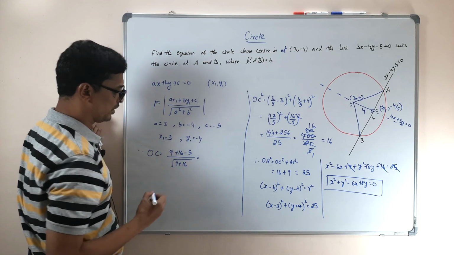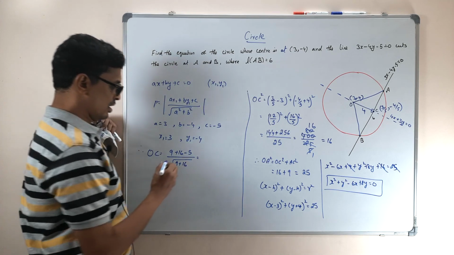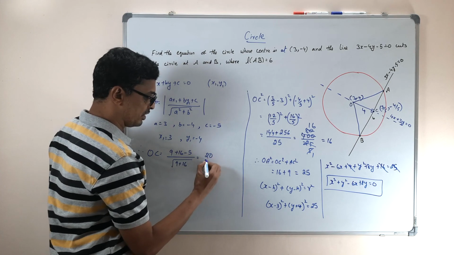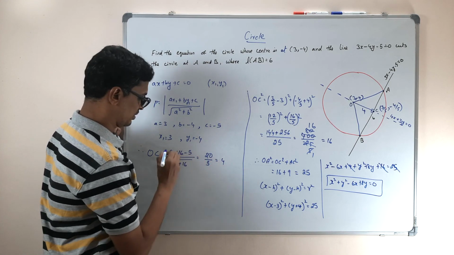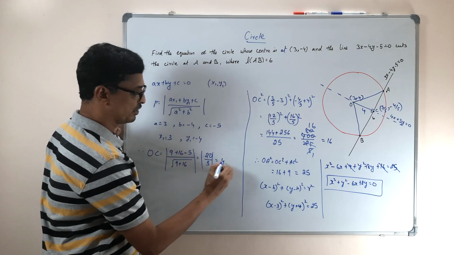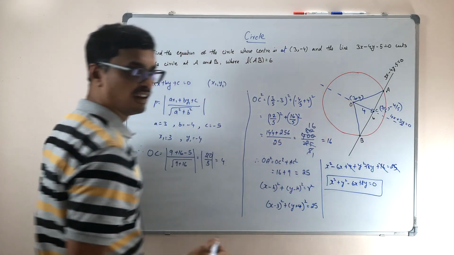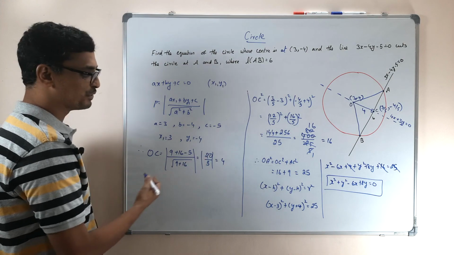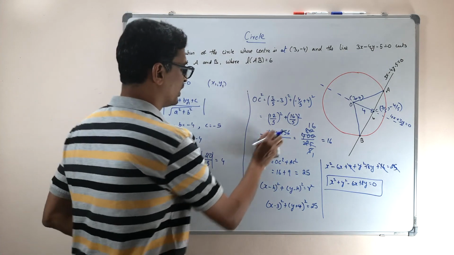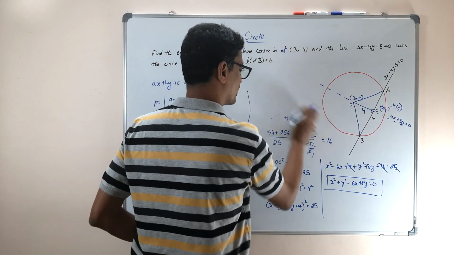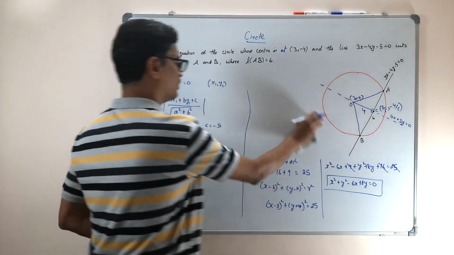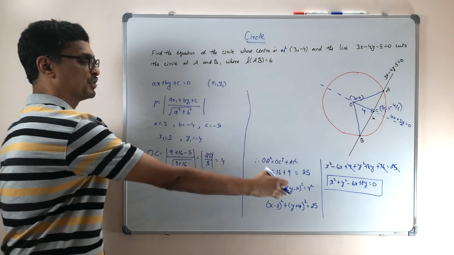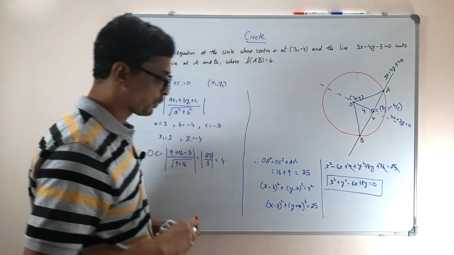So this will be 20 divided by 5, that is 4. It is the mod, so we take the positive value. The answer is 4. You don't have to really do so much. Once you get the 4, you don't need all these things. You get 4, straight away use the Pythagoras theorem and finish the problem, sir.